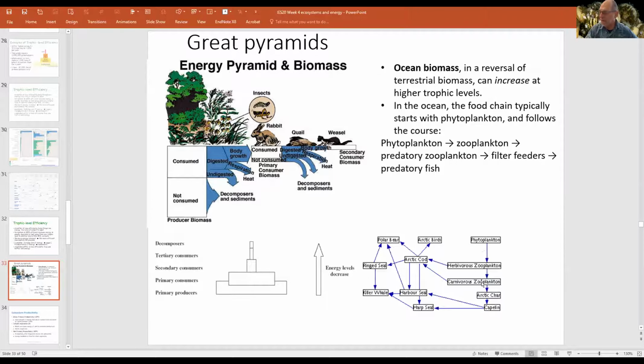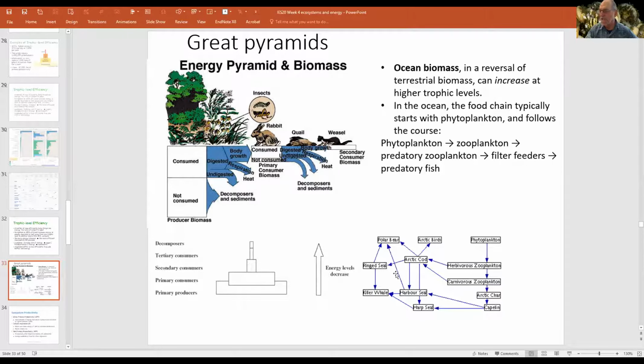And so, at each of these levels, there are other components that are consuming these. Arctic cod are eating zooplankton and carnivorous plankton. Seals and different types of seals are eating the larger fish, and then these organisms are food products of other components in here.